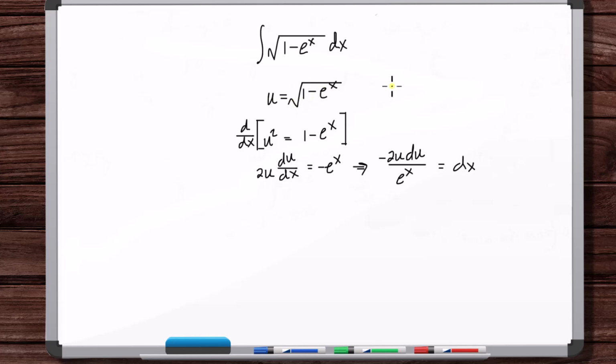So what we can see is that e to the x is equal to 1 minus u squared. So we've got minus 2u du. And what we could do is switch this to u squared minus 1 and get 2u du.